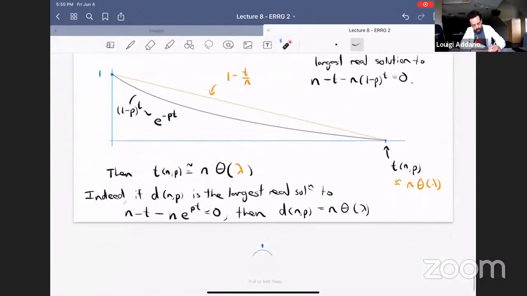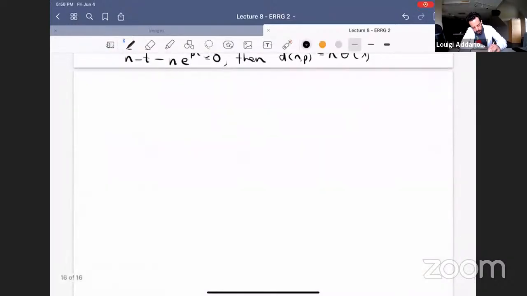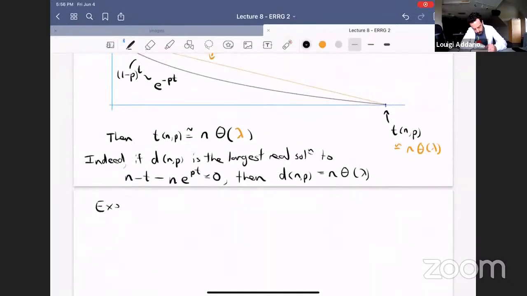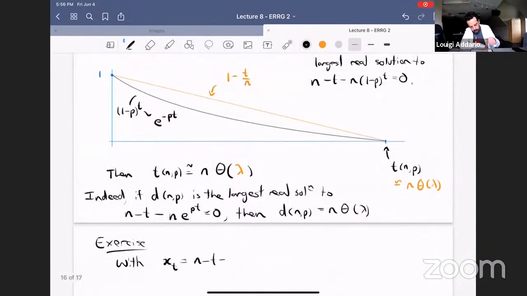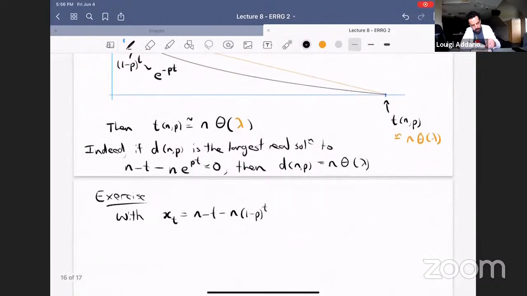Then I'll leave as an exercise: if I define X_t to be n minus t minus n(1 minus p)^t, and f(t) to be n minus t minus n e^(-pt), then these two functions very closely track each other.